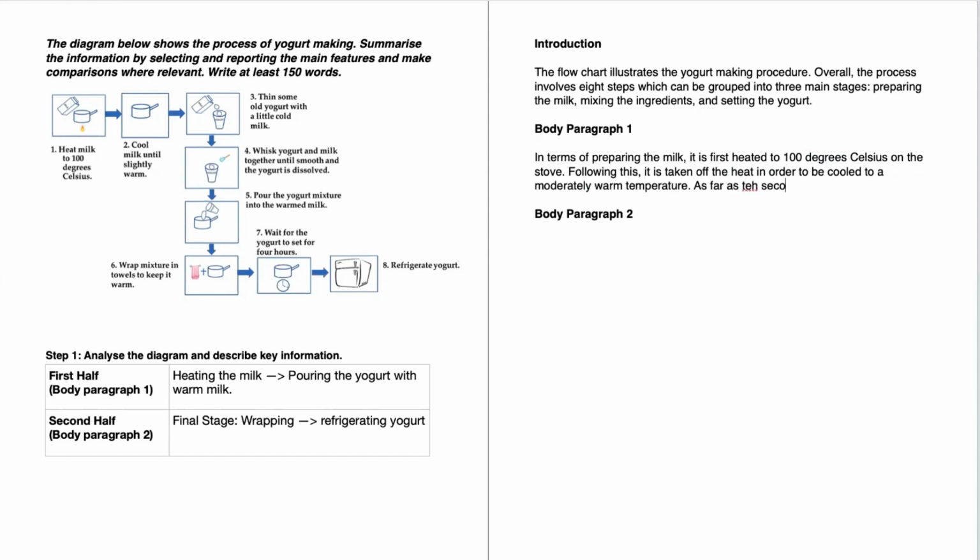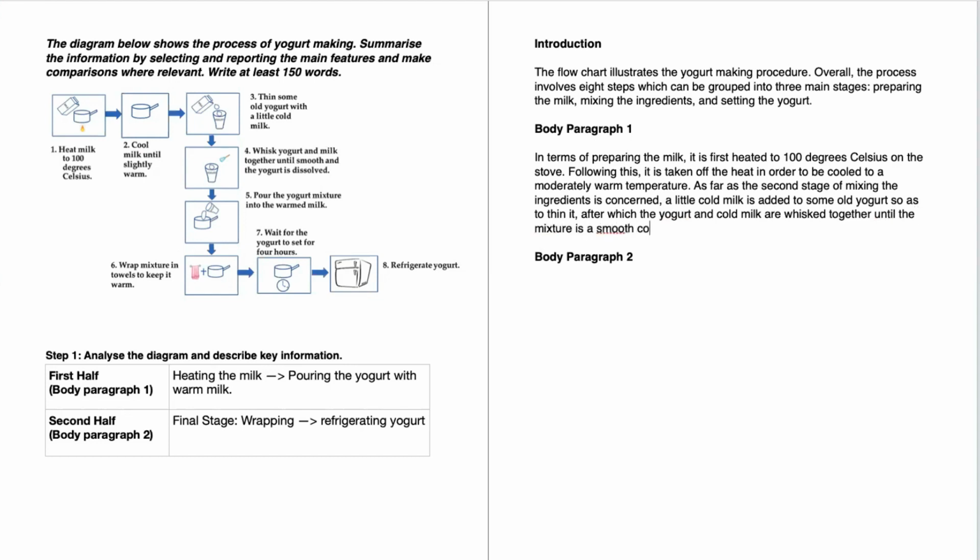As far as the second stage of mixing the ingredients is concerned, a little cold milk is added to some old yogurt so as to thin it, after which the yogurt and cold milk are whisked together until the mixture is a smooth consistency with no lumps.